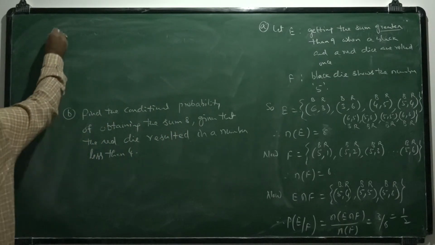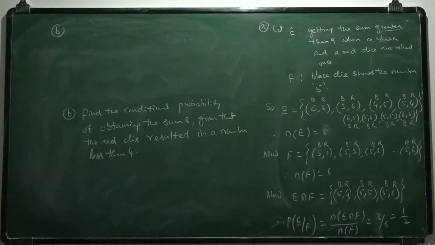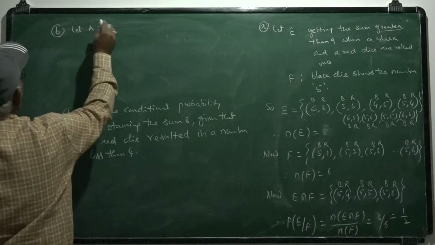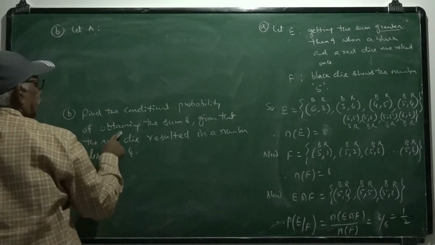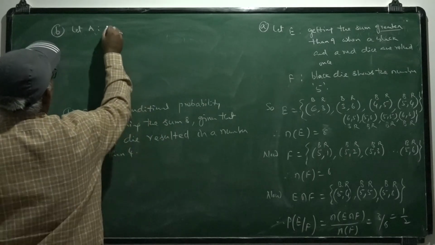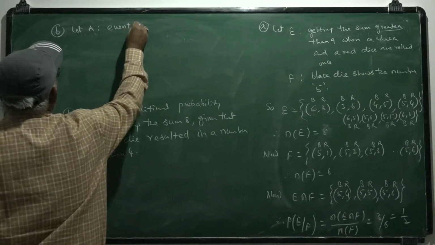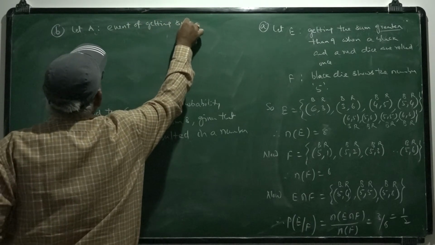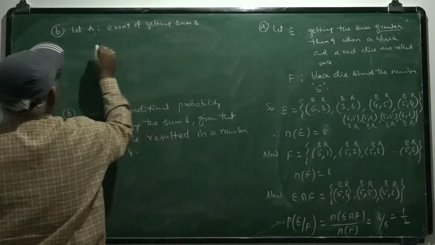Similarly, the B bit. Find the conditional probability of obtaining the sum 8, given that the red die resulted in the number 4. Let A stand for the event of getting the sum exactly 8 when 2 dice are rolled.